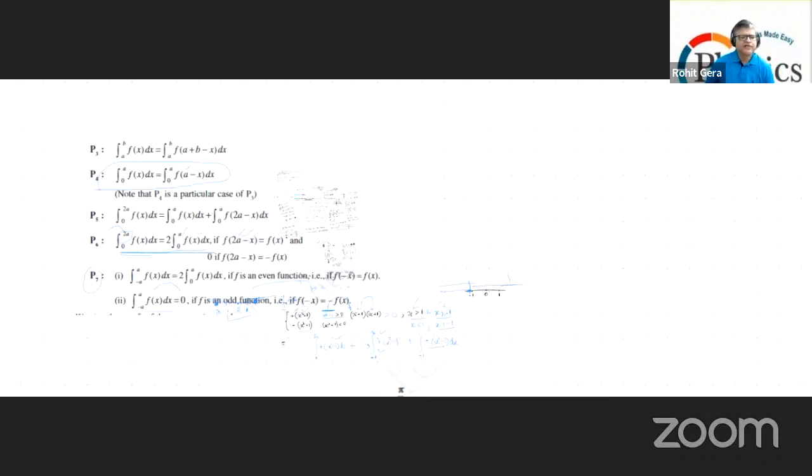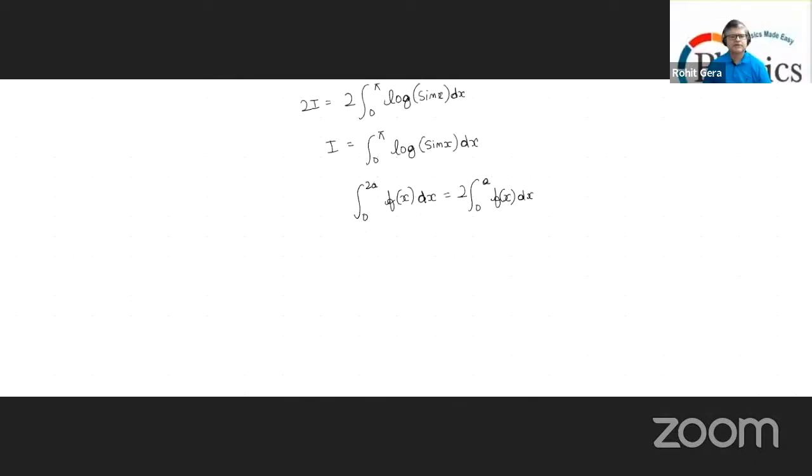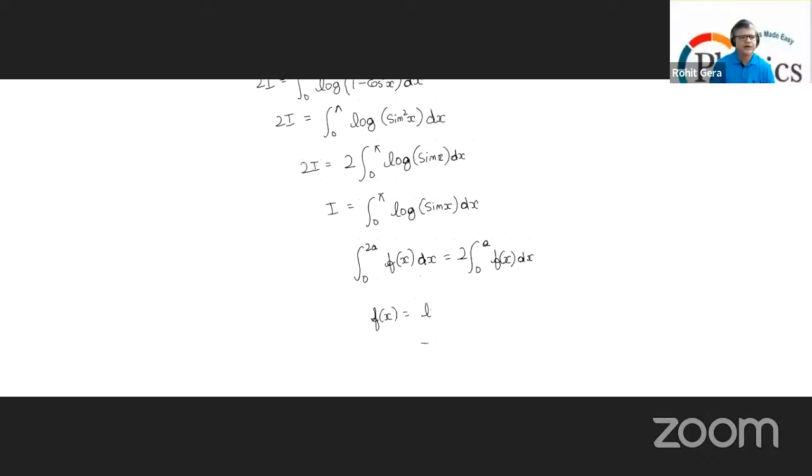See, log of sine x is equal to log of sine of pi minus x, where pi is now 2a. So f of x is equal to log sine x. Just write the property properly, otherwise you tend to lose marks. You have not explained why.